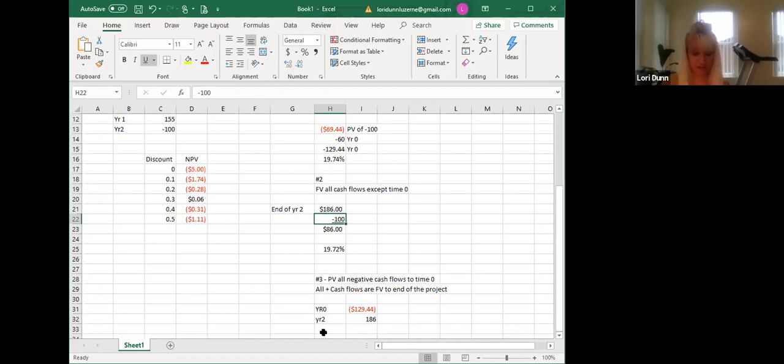Close your bracket, close your parenthesis, and your result is 19.87. So it's just 3 different approaches to get a rate of return on this project. And you can see no matter which approach you take, when you have those uneven cash flows, you get a very similar answer. So they're all acceptable there.